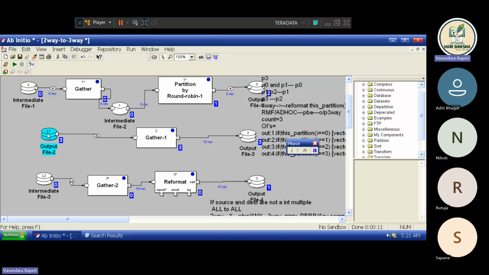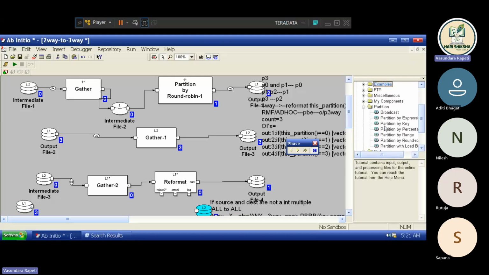But if we connect some repartitioning method, then it will not do this. I think it will. Suppose partition by expression again.